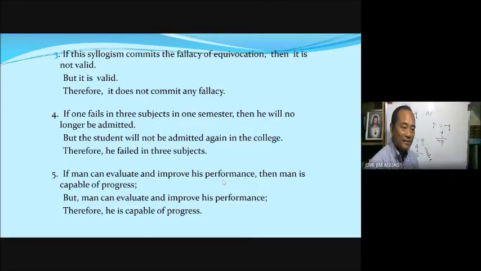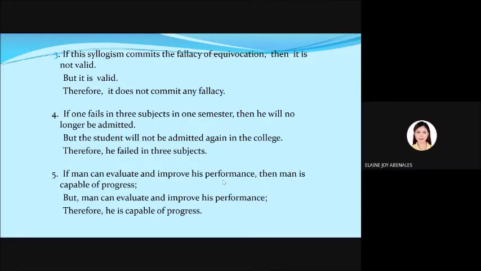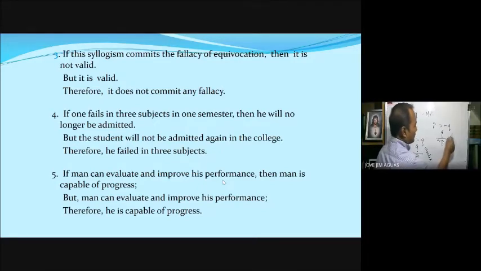Okay, good, correct. This is empty. So empty means you deny this and then deny this one. MP is like this: P, then Q. P, therefore Q. That's MP. Okay? So I hope that is clear enough, no?